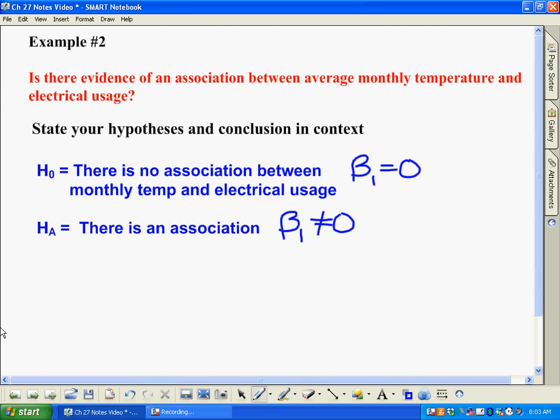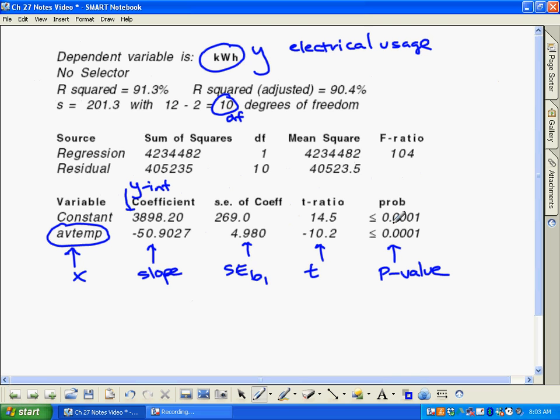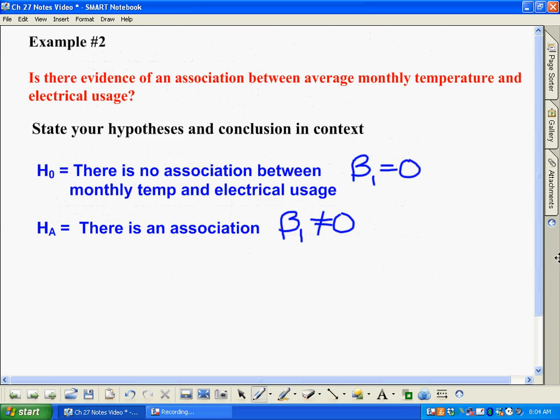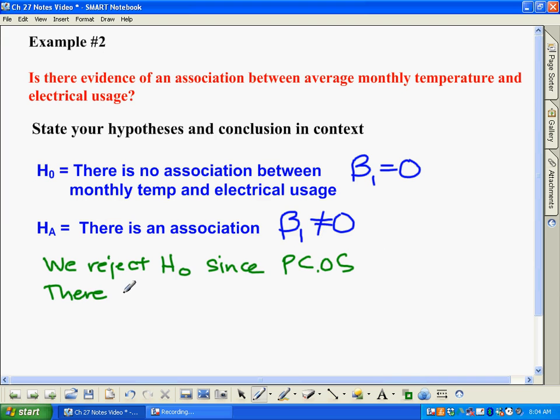Based on the p-value, if you go backwards, this p-value tells us that we would end up rejecting our null hypothesis. So we jump right into our conclusion: we reject H0 since p is less than 5%, and you'd say there is strong evidence of an association between these two variables.